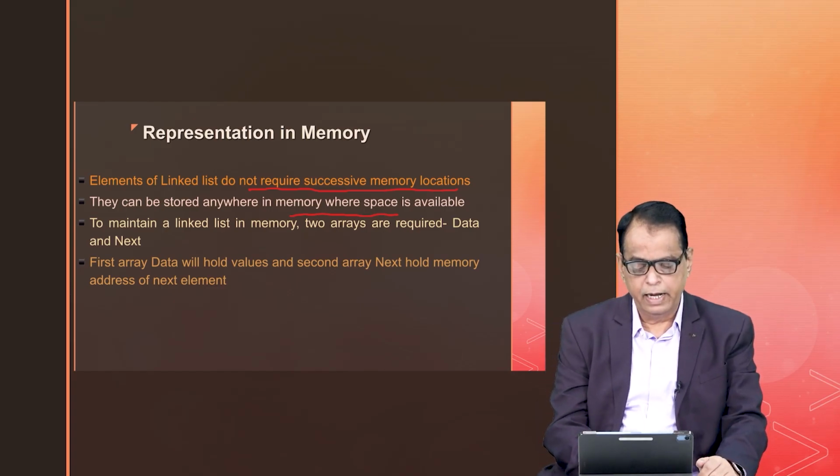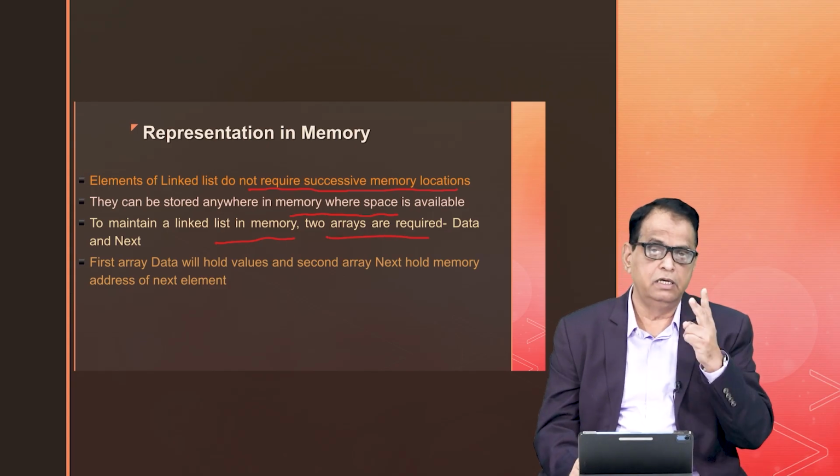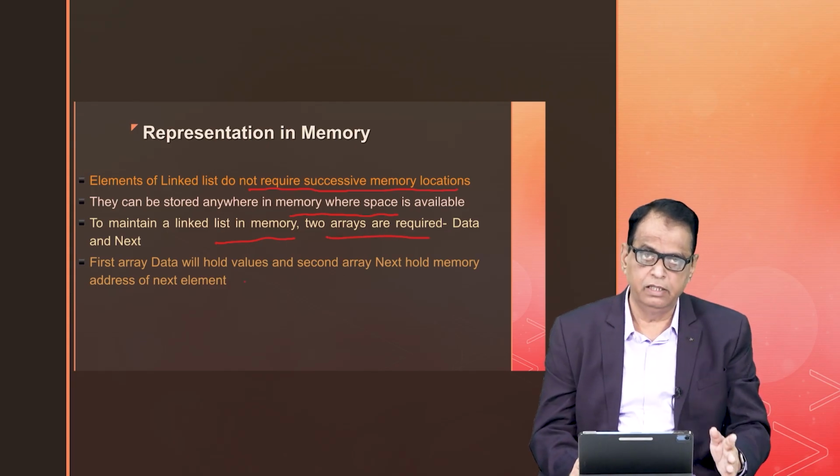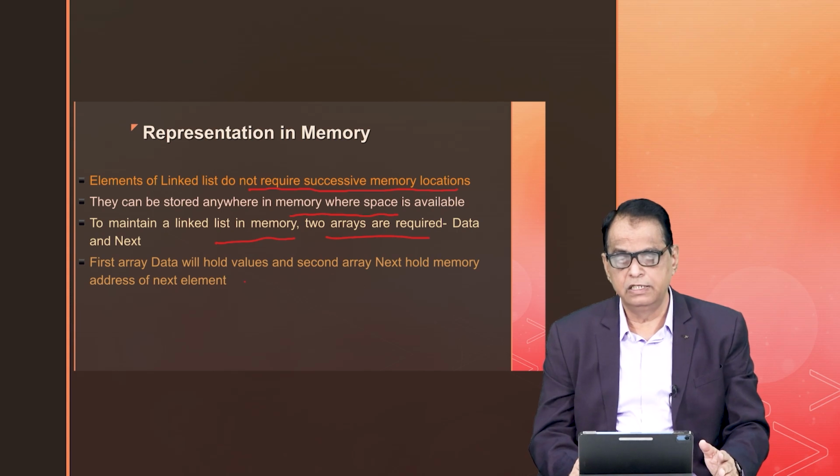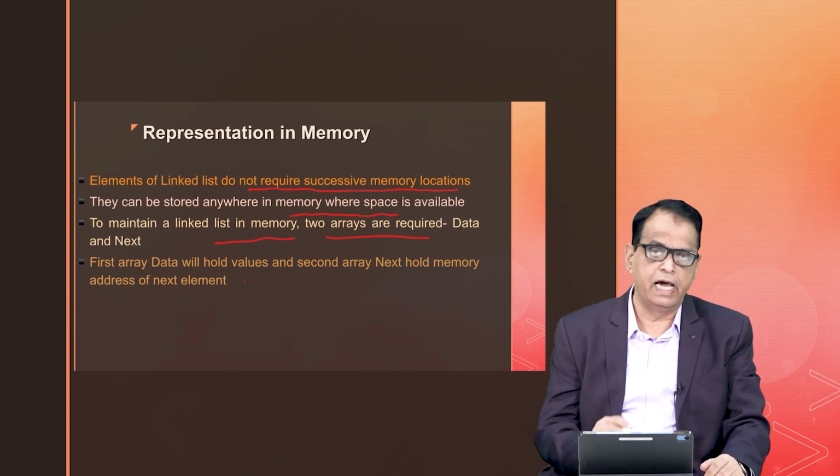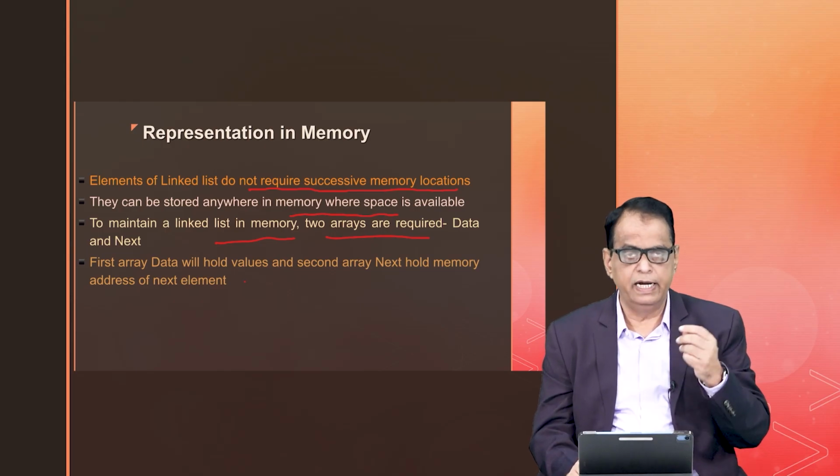In order to maintain a linked list in the memory, what you require is two arrays. You can implement the linked list by using two arrays. One is called a data array, and the other is called a next array.